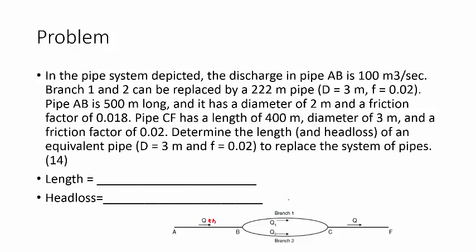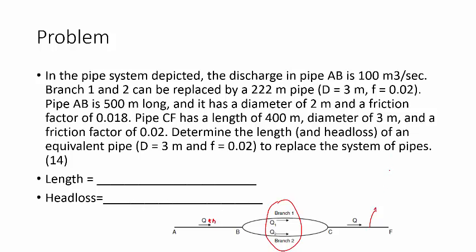And then it tells you that this here has been substituted by a pipe that is 222 meters long, 3 meters diameter, and a friction factor. And this pipe here, CF, has a length of 400 meters, a diameter of 3 meters, and a friction factor.